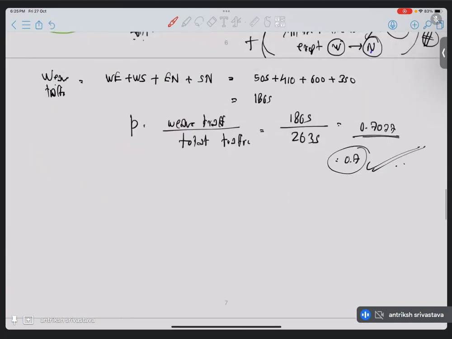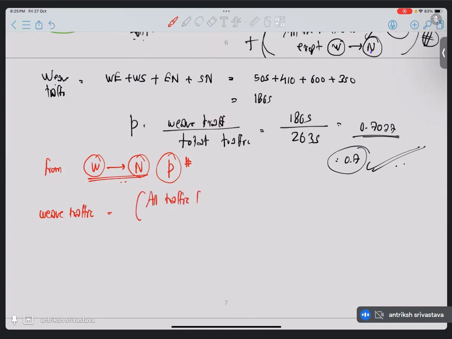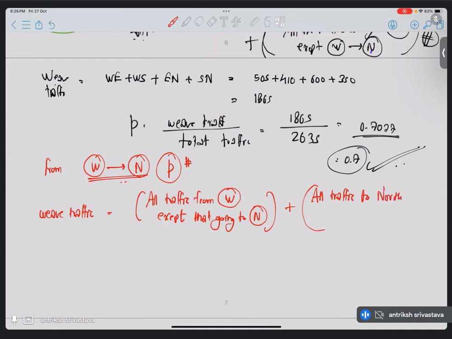So once again, I'll write it more clearly. Looking at traffic from west to north, or the weave ratio we want to calculate for this, then weave traffic is nothing but all traffic from west except that going to north, plus all traffic to north, or let me write here n, except that coming from west.